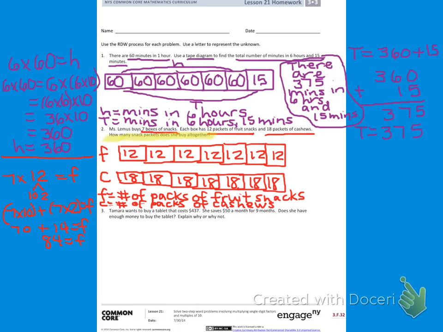Now let's figure out how many cashews there were. I'll go ahead and write the equation first. There were 7 groups of 18. That's going to equal C. I'll decompose 18 to be a 10 plus 8.